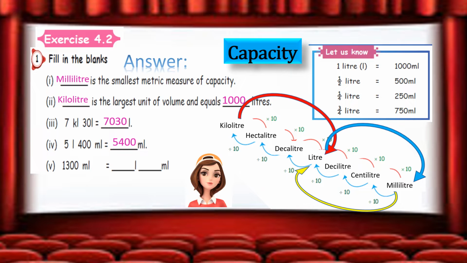Don't forget this. Here in between there are 3 times 10s. So divided by 1000 only. Fine. Come to the question. Here in 1300 ml, 1 time 1000 is there. So the remaining 300 ml is the ml only. So 1 liter and then 300 ml. Hope you understand.